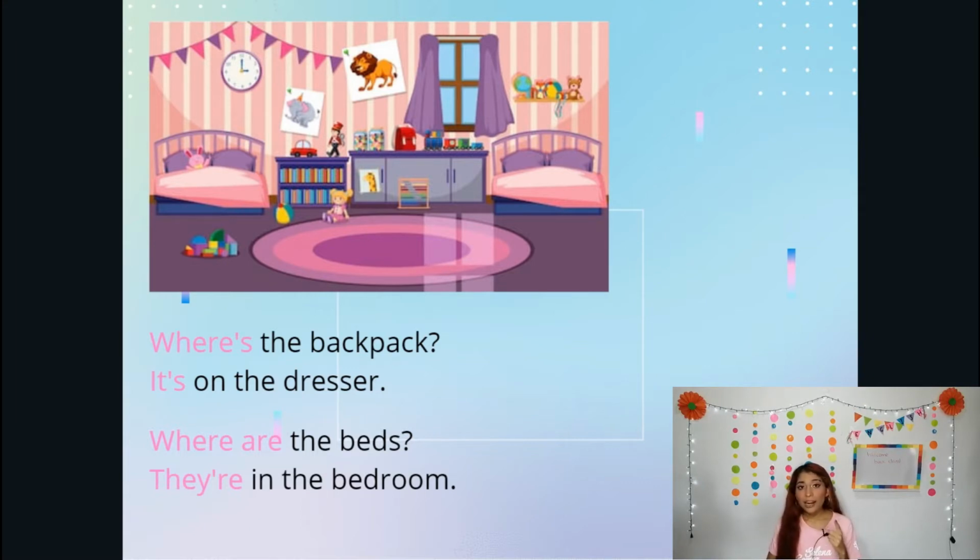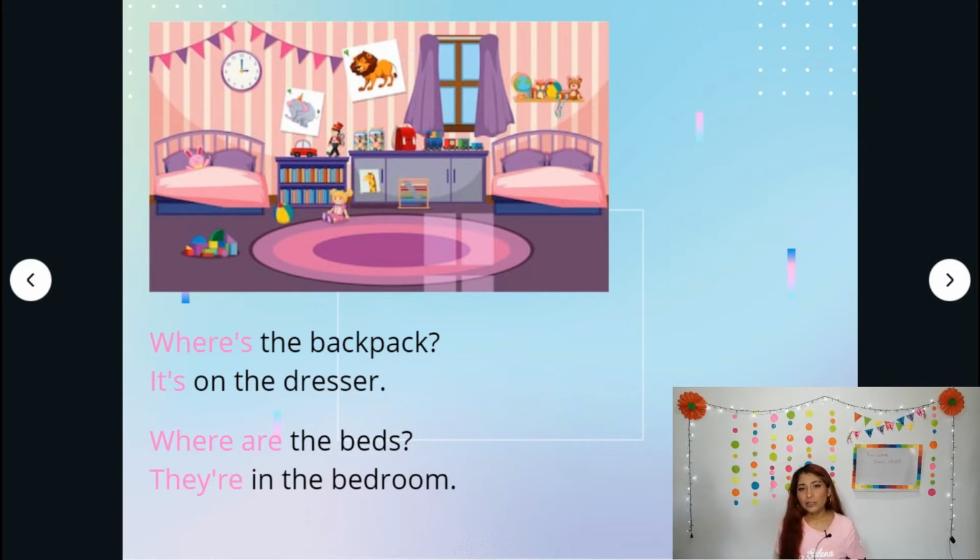Remember, singular is when we are talking about only one object, and plural is when we are talking about two or more, okay? So, for example, if I want to ask about only one object, we have only a clock, we have only a dresser, we have only a bookshelf, we have only a window, one window.